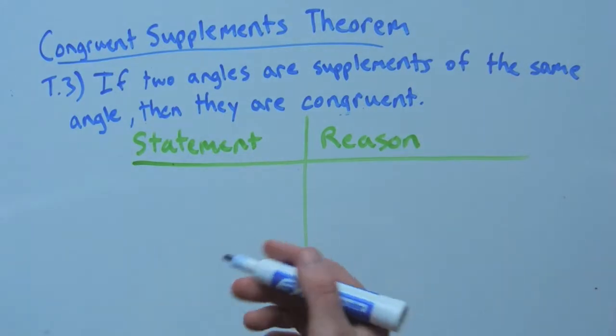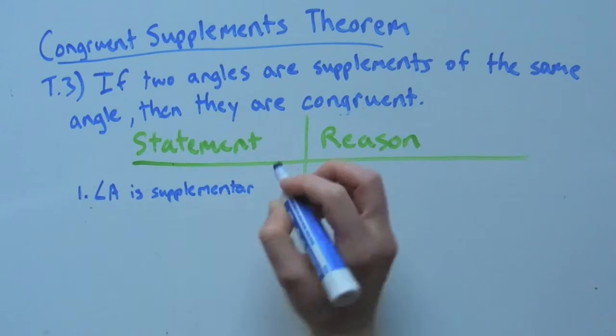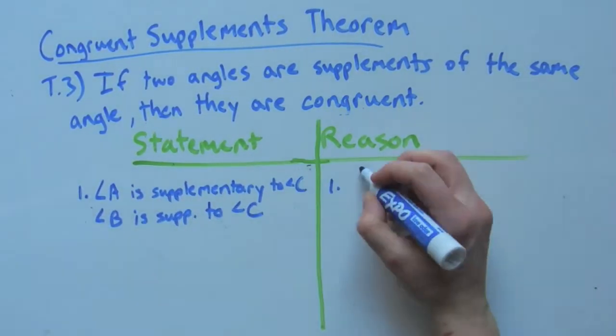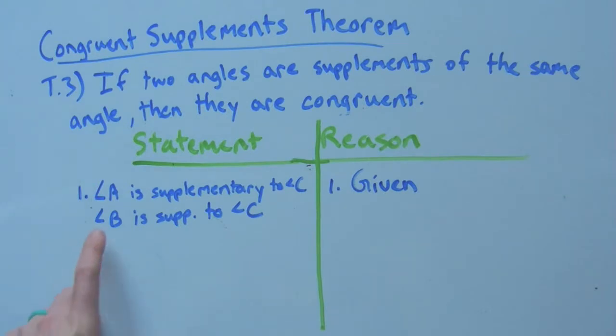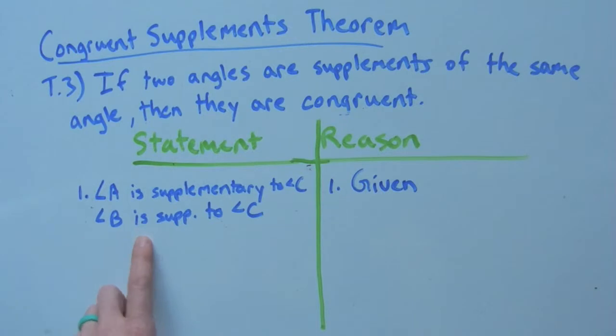So I have my two columns set up. Here we have that angle A is supplementary to angle C and angle B is supplementary to angle C, and that is given.